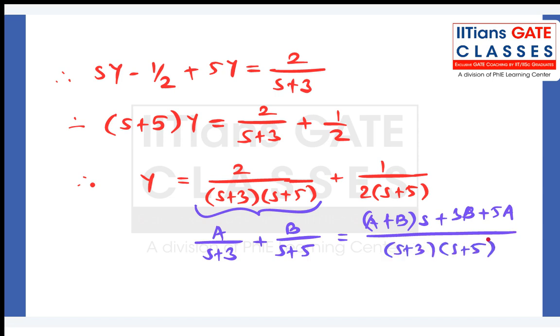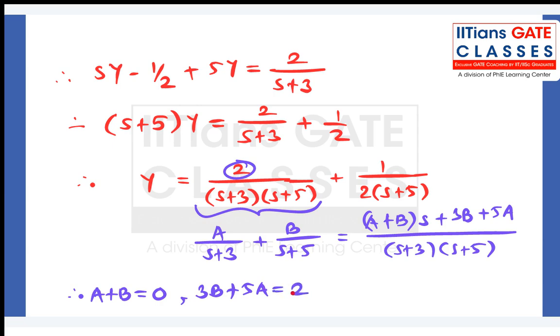Now compare the coefficients, because in the numerator you only have 2. Therefore a plus b has to be 0, because otherwise an s term will appear, and 3b plus 5a has to be equal to 2.